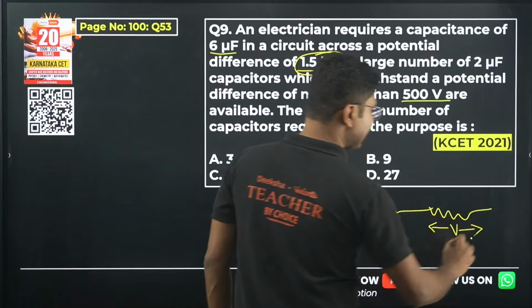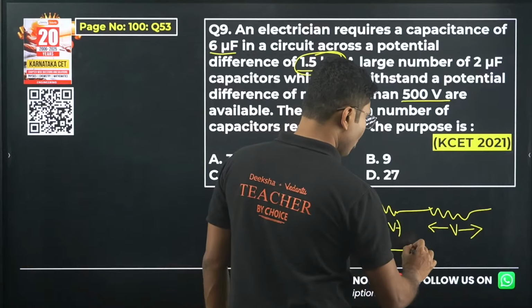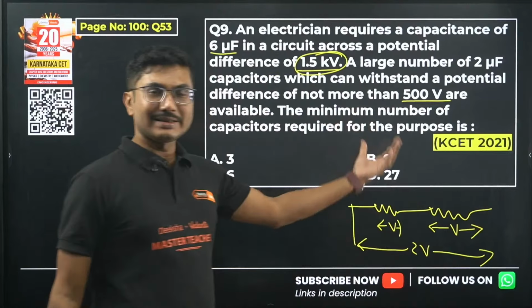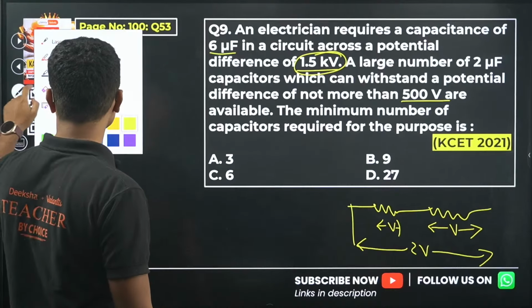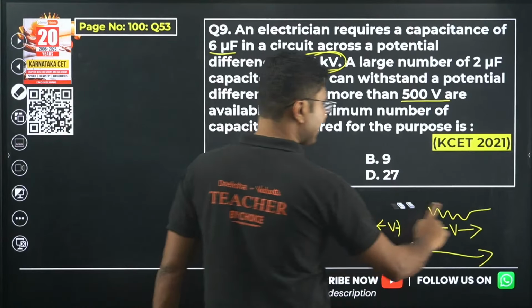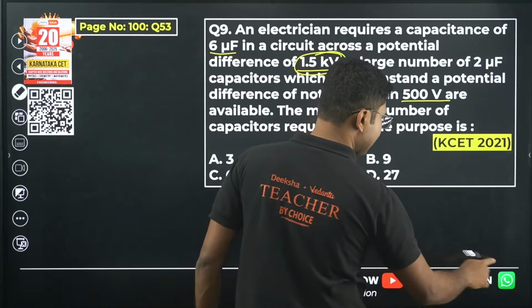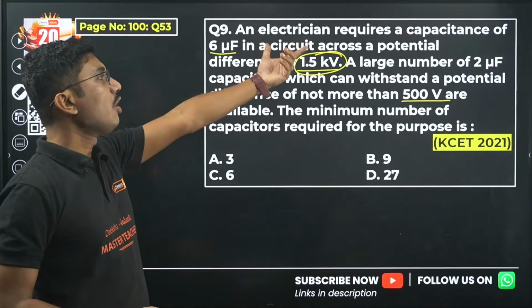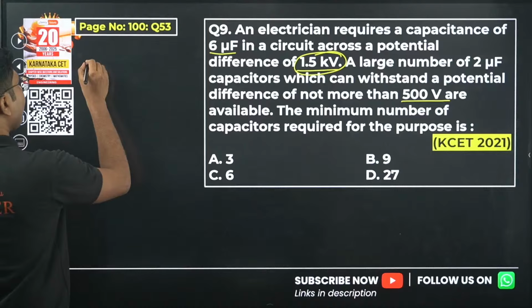When you connect them in series, the overall voltage it can withstand increases to 2V. So if you want to increase the voltage, you have to connect them in series. The same logic goes for capacitors as well. First you have to figure out how to make these 2 microfarad, 500 volt capacitors into 1.5 kilovolt capacitors.